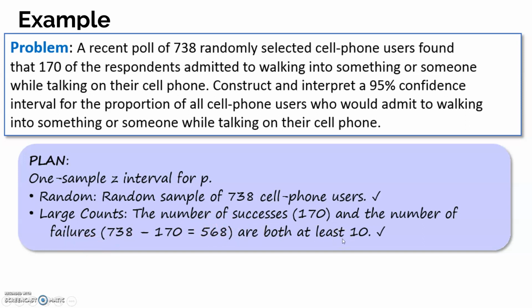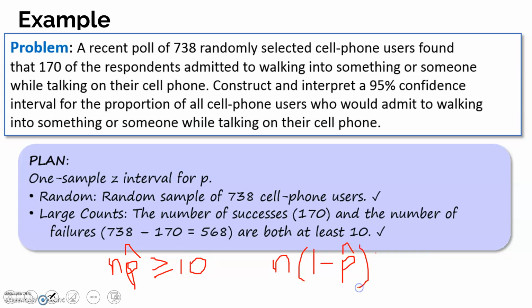at least 10. Now, sometimes you're allowed to do this, but sometimes you have to actually calculate this mathematically, where we want to make sure n times p-hat is greater than or equal to 10, and n times 1 minus p-hat is greater than or equal to 10.